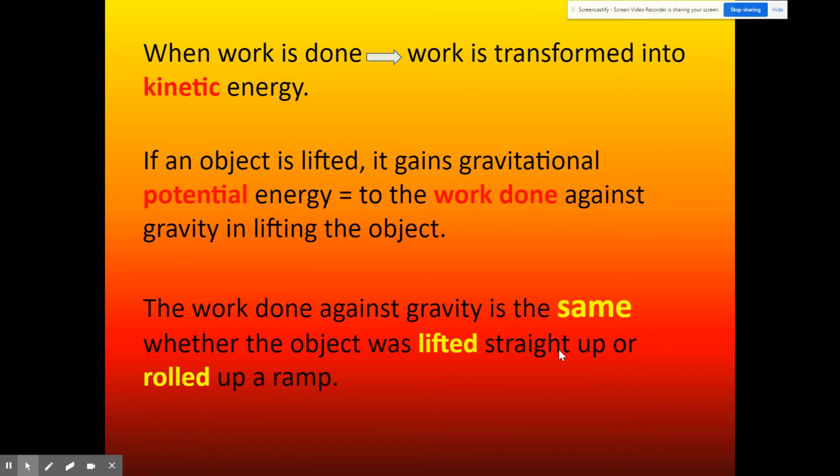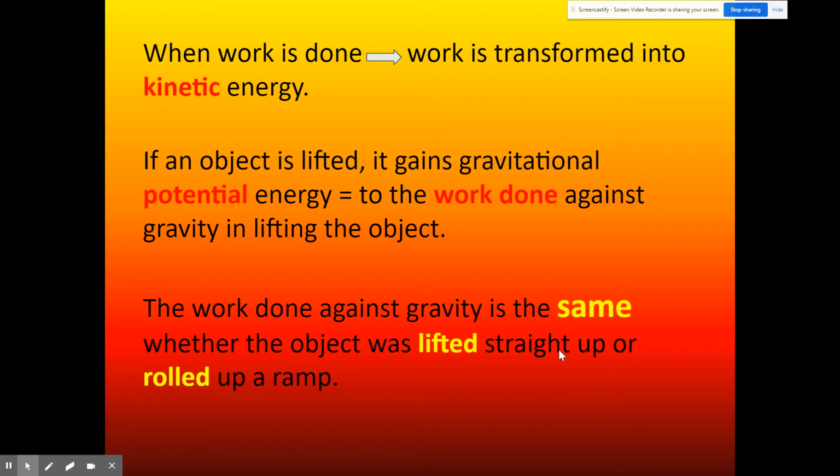So when work is done, work, this type of energy, is transformed into kinetic energy. So if you don't see movement, work didn't happen. But just because you saw movement doesn't mean work did happen. There's some stipulations about what determines work being done.